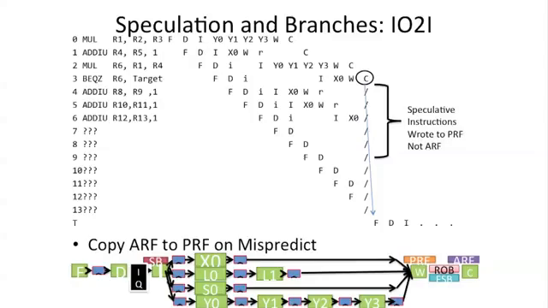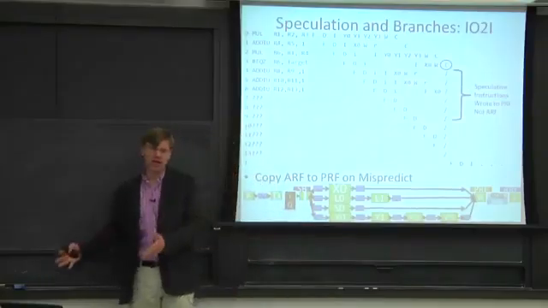So we know the architectural register file is up to date relative to the branch. These other speculative instructions may or may not have written the physical register file. The physical register file is just completely out of date at this point. So what's nice here is we can copy the entire architectural register file to the physical register file and effectively roll back everything.